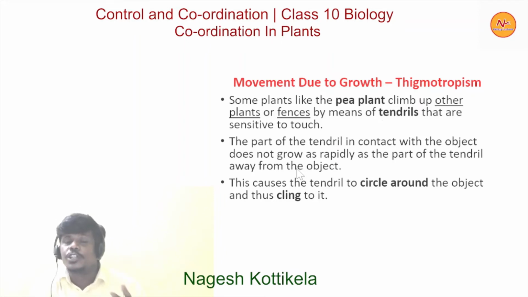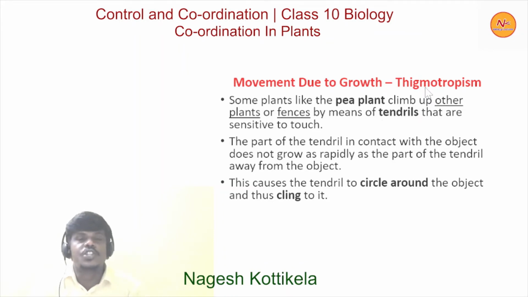The part not in contact with the support grows more, and the part in contact grows less. Because of this unilateral growth, the tendril circles around the support and then grows. This is what we call Chemotropism.